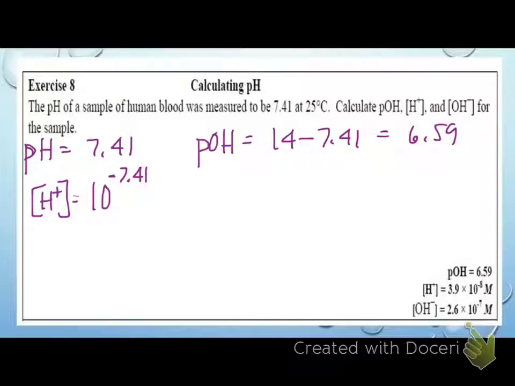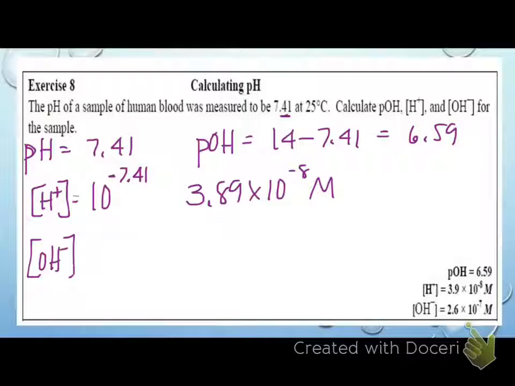So that would give me 3.89, because I need 2 sig figs because of that, times 10 to the negative 8 molar. And then the hydroxide, I would do 10 raised to the negative 6.59, and that would give me 2.57 times 10 to the negative 7 molar.